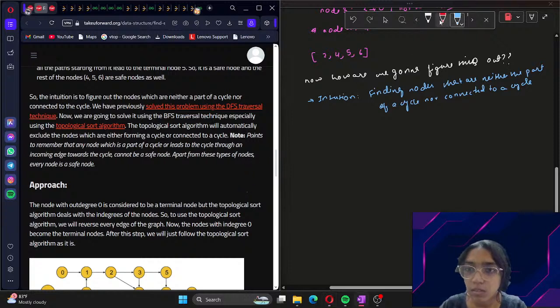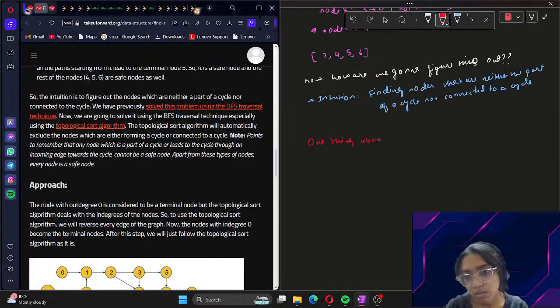Okay. One thing about toposort is that it removes nodes that are part of a cycle.